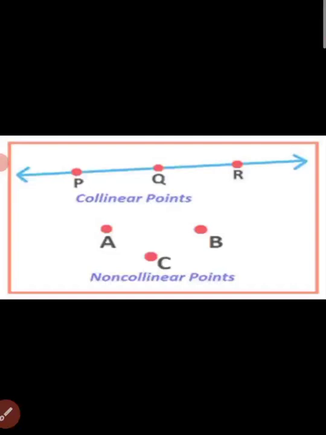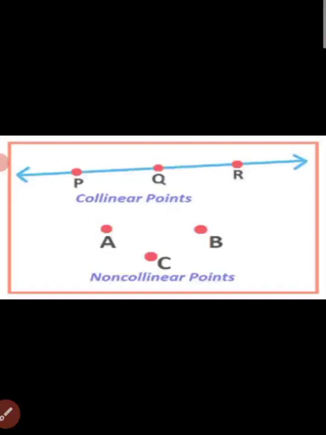Here we have one line. On that line, 3 points: point P, point Q, point R. Now we just discussed, if these 3 points are on the same line, we can say these are collinear points. So here point P, point Q, point R are collinear points because they lie on the same straight line.